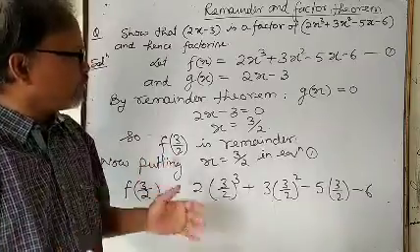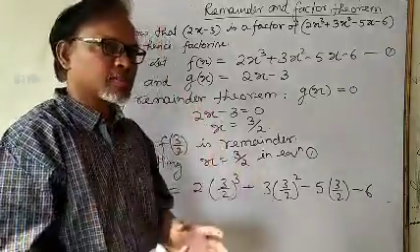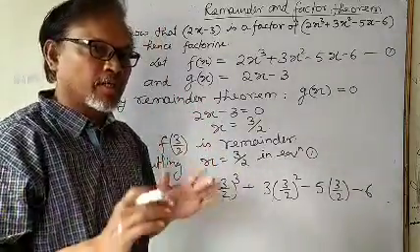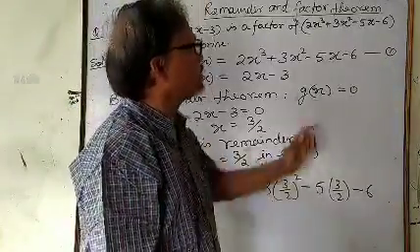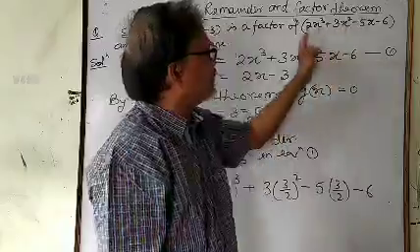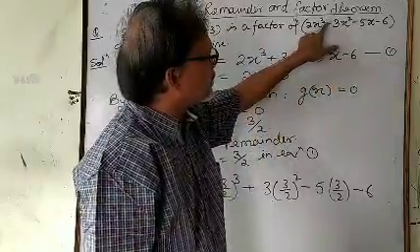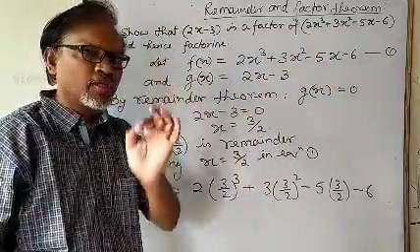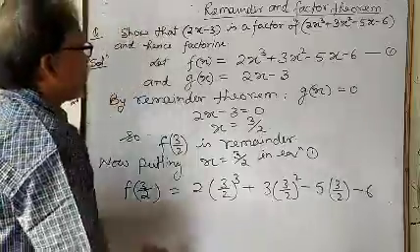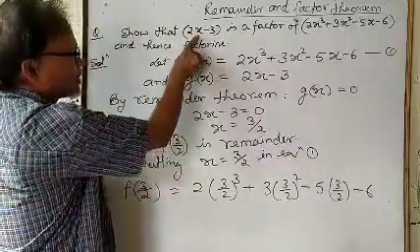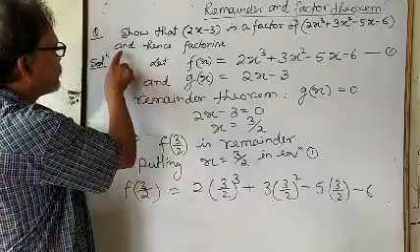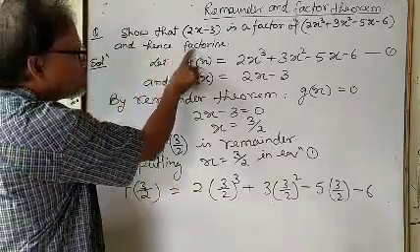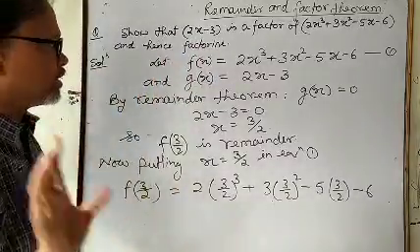The number of factors depends on the highest power of x given in the polynomial. Here the highest power of x is 3, therefore there should be three factors. And if it is a factor, you have to find the two more factors. That is why it is given, hence factorize completely.